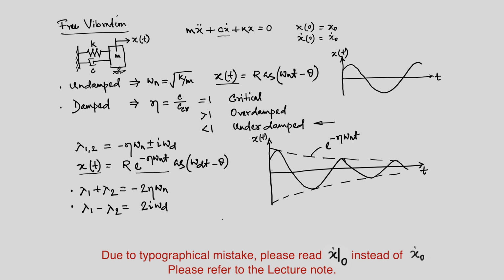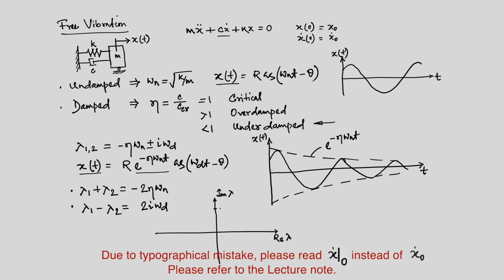Now, if you look at the complex plot, this is the real part of lambda and this is the imaginary part of lambda.